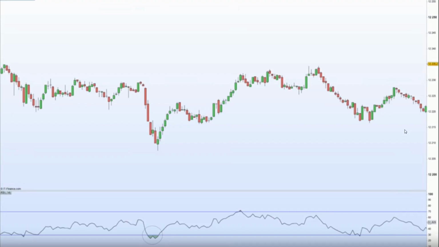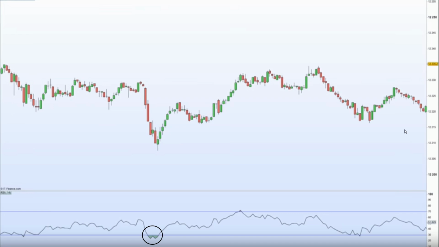Here in the circle we are in the overselling zone, like we see, it's green. It shows us that we are in overselling. It's gone below the 30 point, like we see on the right. So here we entered the overselling zone.